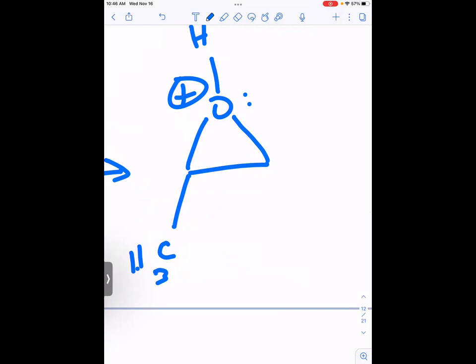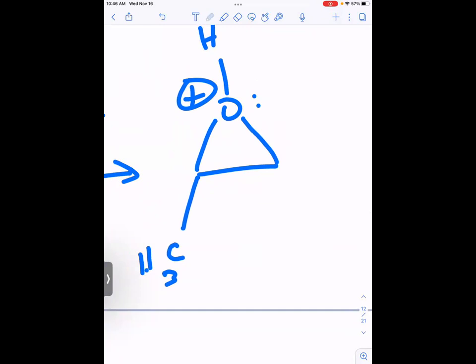When we think about a carbocation, so let me say this part right here. So this would be considered secondary, and this will be primary. Which of those two carbons is more stable as a carbocation?